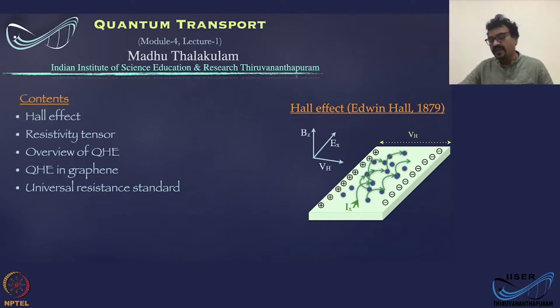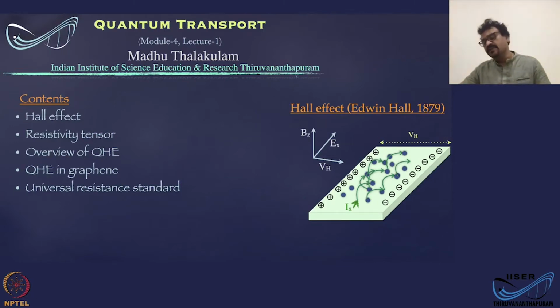At some point, a balance will be reached by the field generated by the exposed ions and the collected electrons, and no more electrons will be collected. There will be a steady state where a voltage is generated across the edge, that is V_H, the Hall voltage.